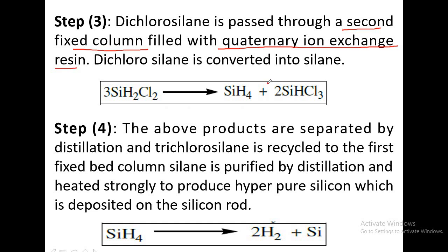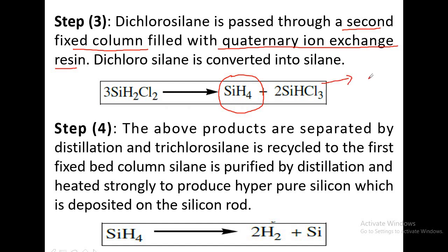Again it is a catalyst, and here dichlorosilane is directly converted into silane, and along with that trichlorosilane is obtained.